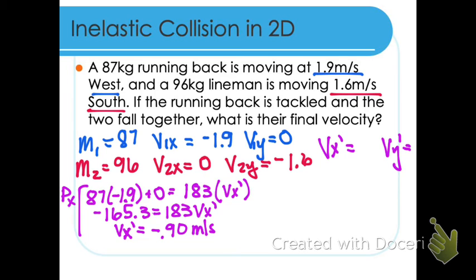Okay. Then if I'm going to solve momentum in the y direction, my first object's not moving in the y direction at the beginning. 96 times negative 1.6. 183 vy prime.